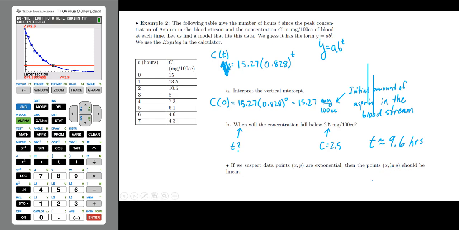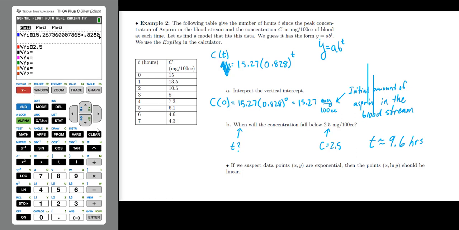Okay, so first let's do this to the data set that we've got in the calculator, then I'll explain why it's true. So I'm going to first of all clear out everything here because we got a lot of stuff going on. I'm going to clear the equations out. And I'm also going to turn this plot number 1 off for a second.